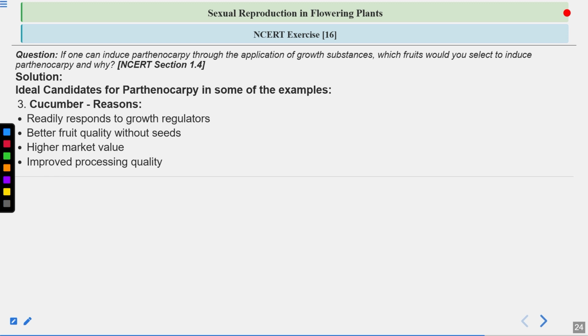So the remnants of the ovule will be there in the form of a sheath-like covering only. Like in the grapes, in the center, if you see, there is some sheath-like covering. That is the ovule, but that ovule does not transform into the seed, right?